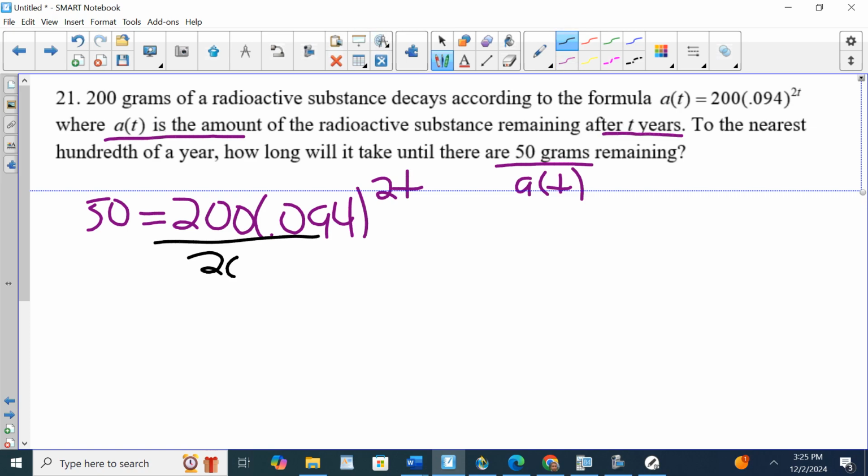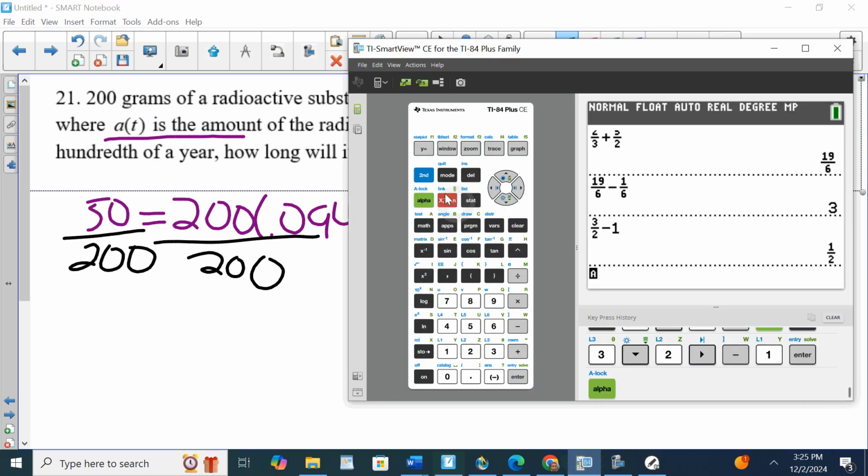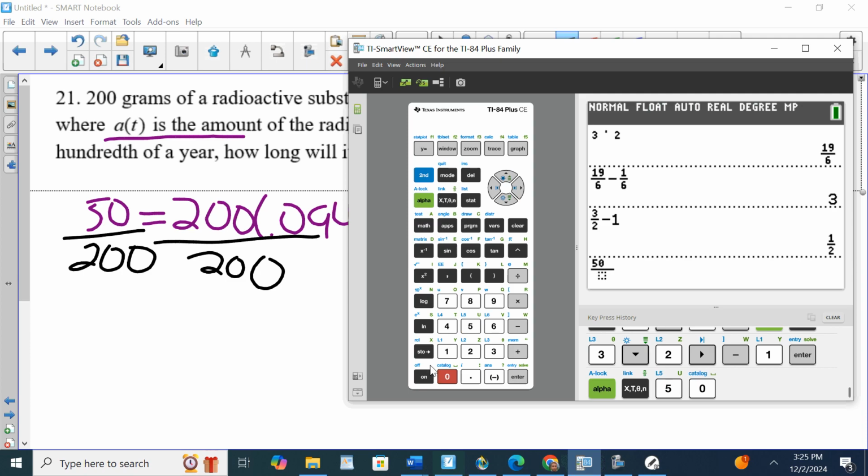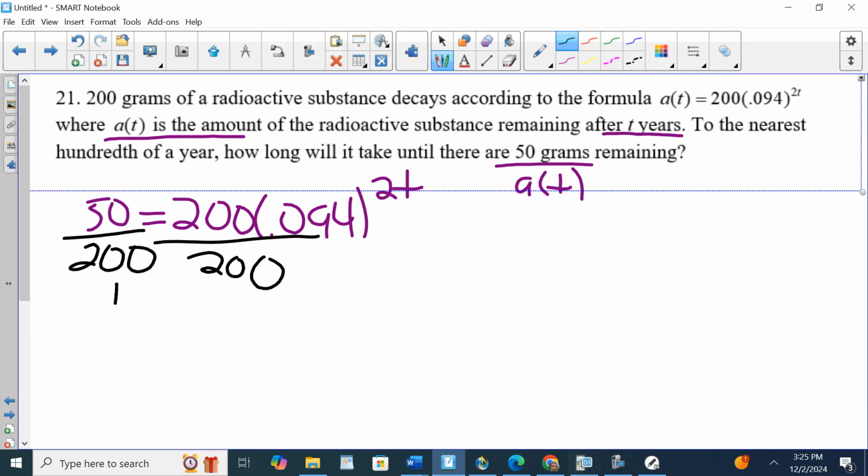Step 1 is to isolate. 50 over 200, it'll reduce the fraction for you, 1/4, equals 0.094 to the 2t. And now that I'm isolated, I take the log of both sides.